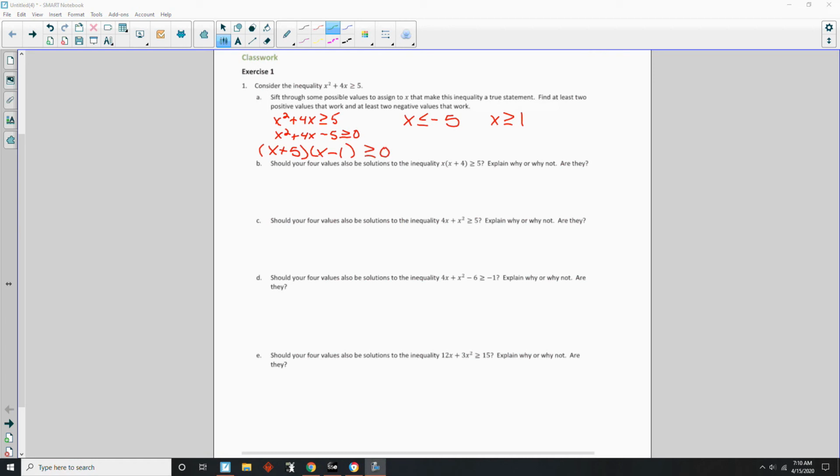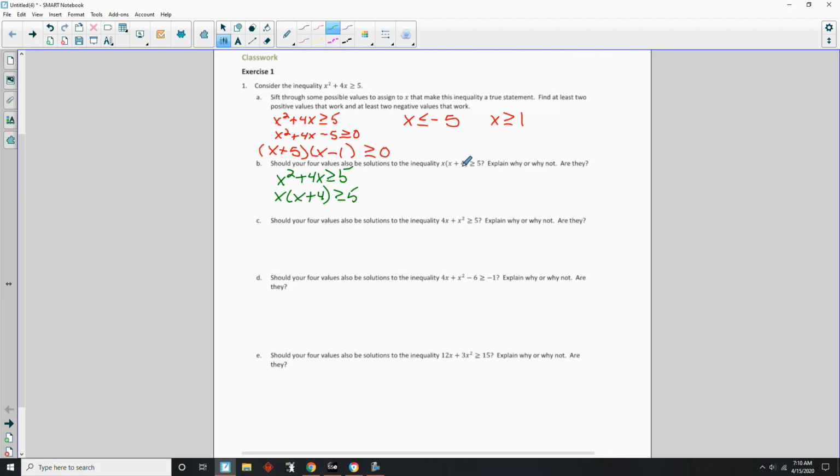Okay, part B says, should your four values also be solutions to the inequality x times the quantity x plus 4 greater than or equal to 5? Explain why or why not, and are they? So what they're doing here is taking this x squared plus 4x greater than or equal to 5, and factoring out an x on this side, leaving us with x times x plus 4 is greater than or equal to 5.